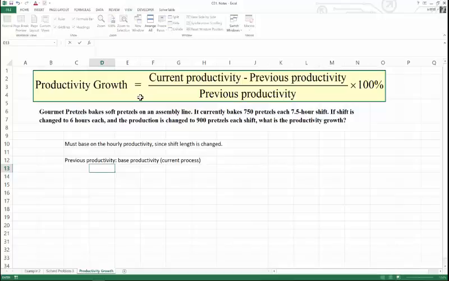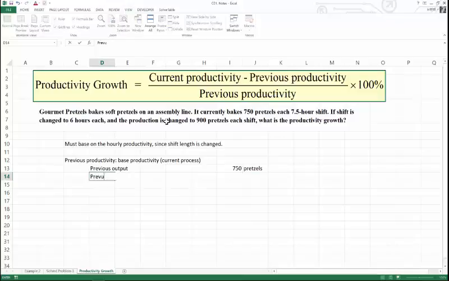To calculate productivity, we need to know output and input. So what is the previous output? Which is straightforward. That is 750 pretzels. Then how about the previous input?